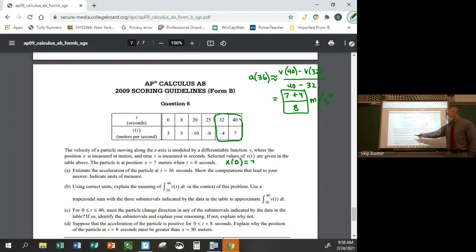Part B, using correct units. Explain the meaning of the integral from 20 to 40 of v of t in the context of this problem. Okay, who can say that a little more succinctly?